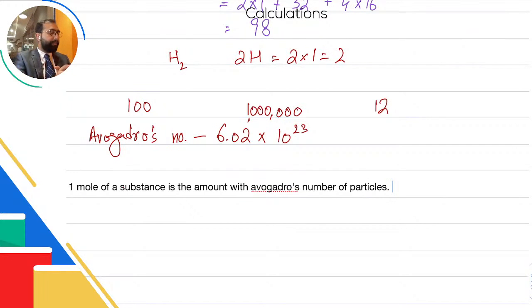Just like that, if I have a mole of AirPods, that would be Avogadro's number of AirPods, 6.02 into 10 power 23 of these things, right? In fact, there is not enough material in the world to make that many AirPods. So it's a really huge number, but it's actually really easy to calculate. You just know that 1 mole of anything is that many particles.